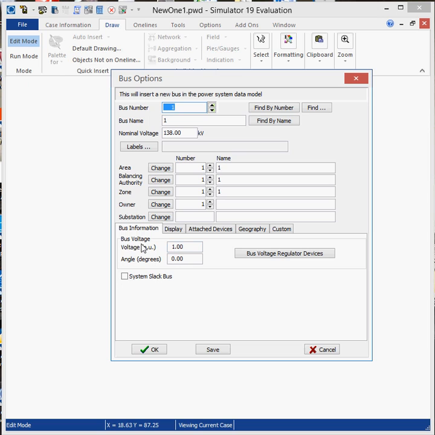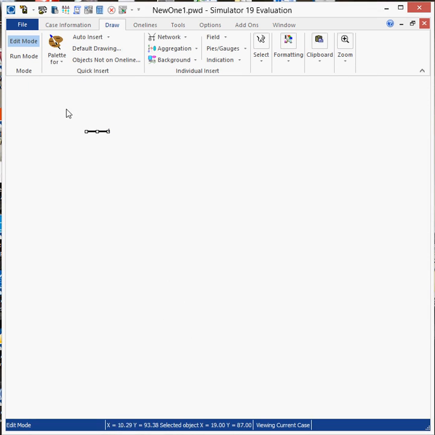This is the voltage and angle. Just key in 1 and 0. Since this is a slack bus, you need to click this to enable it, and then remove everything and click OK.